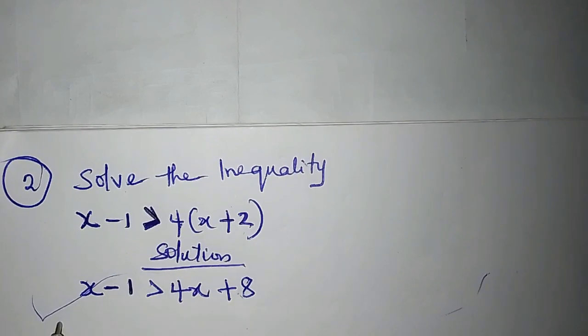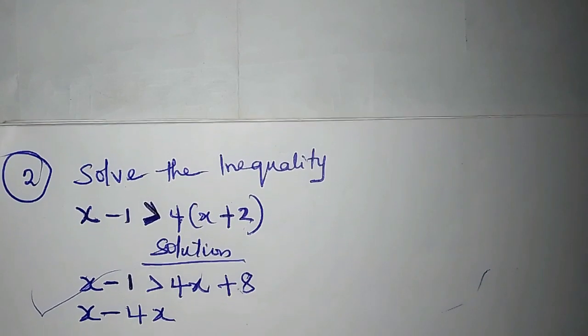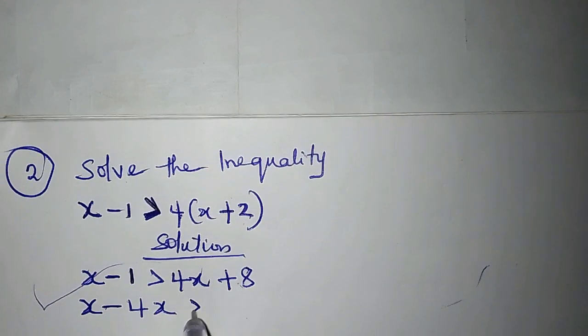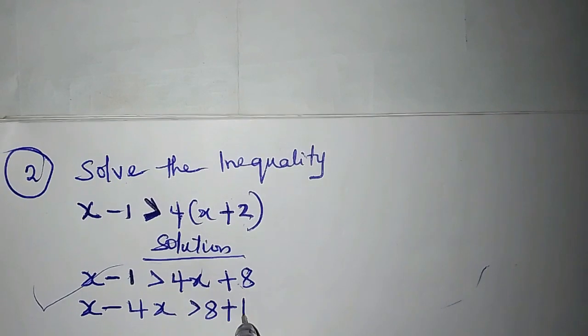All the terms in x come to the left and all other terms go to the right. So we have x, 4x will cross and turn to minus 4x, greater than 8, minus 1 will cross and turn to plus 1.